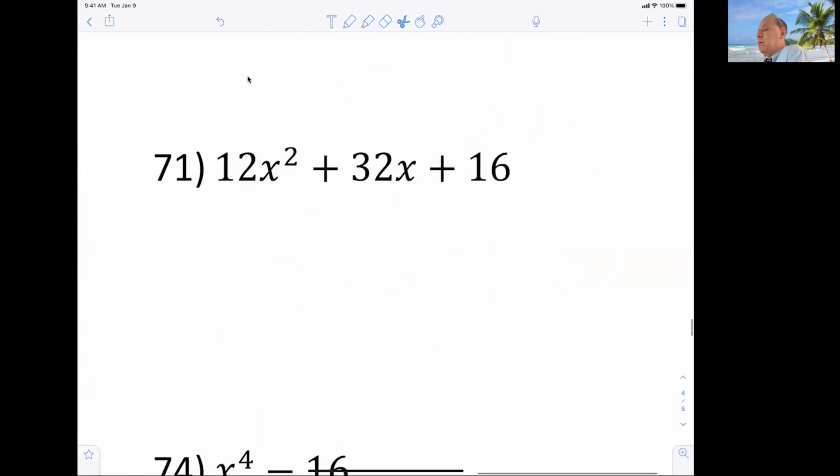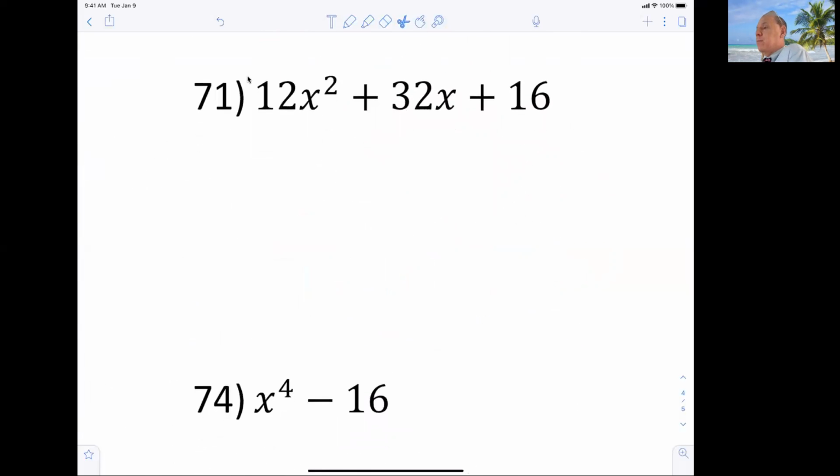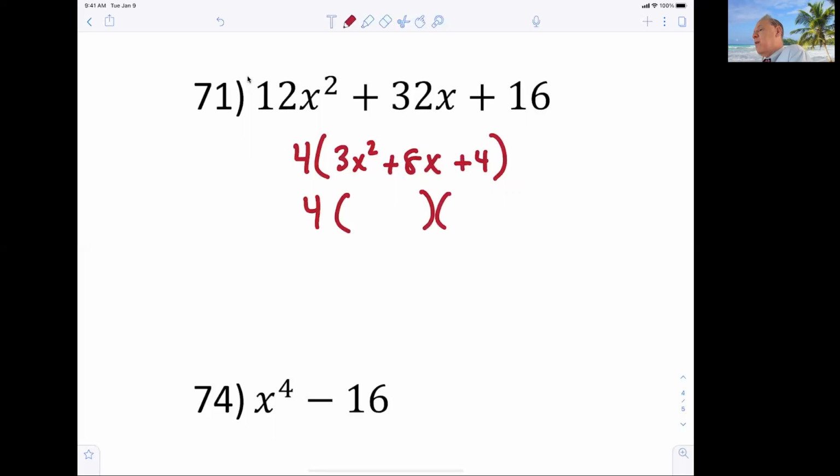All right, 71. GCF. 4. And what's left behind? Okay, does that factor now? This was the last test.